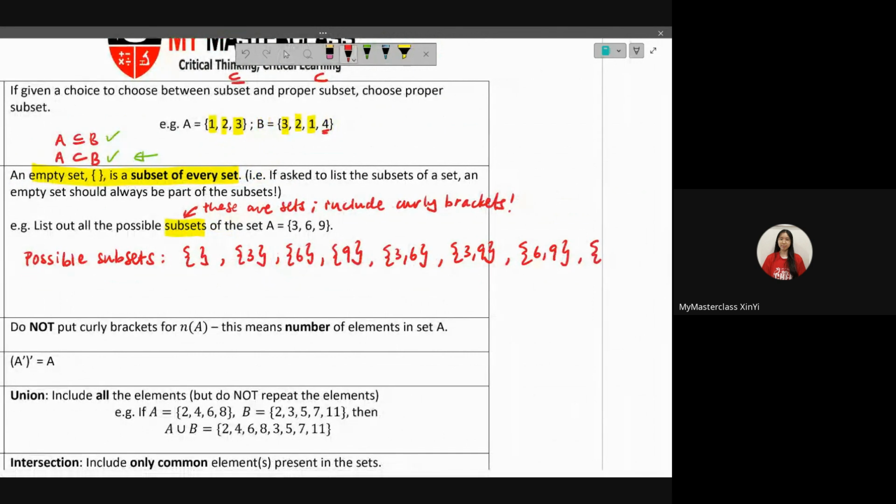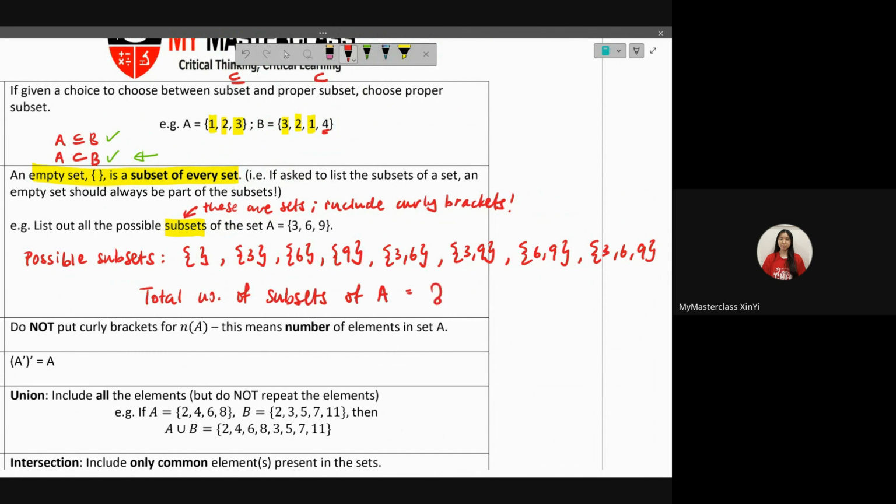Just recall when we talk about subsets, the line below, you can think of it as your inequality sign, so it could mean the set itself is the same. So the set itself is also a subset of itself. In this case, the total number of possible subsets of A is 1, 2, 3, 4, 5, 6, 7, 8.